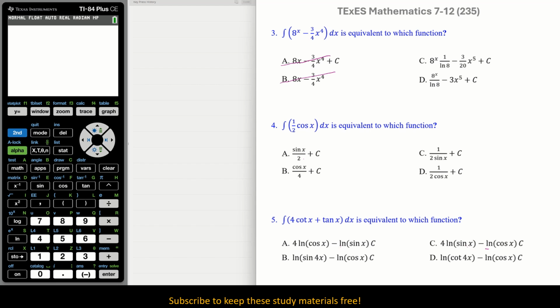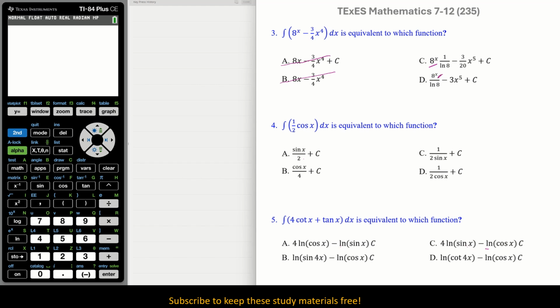Okay, now let's look at C and D. If you remember how to integrate this, you end up with 8 to the power of x, which both of the options do.